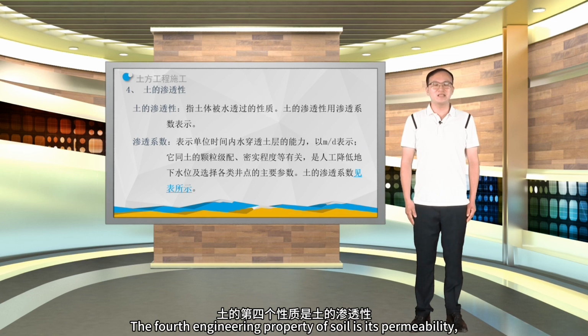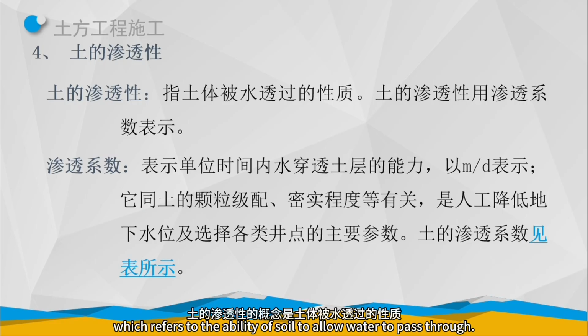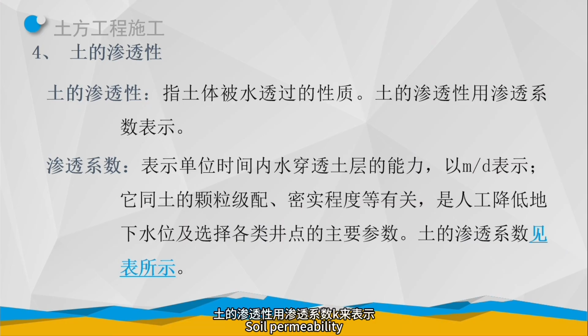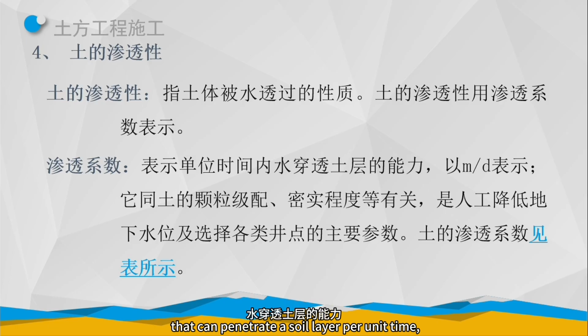The fourth engineering property of soil is its permeability, which refers to the ability of soil to allow water to pass through. Soil permeability is represented by the permeability coefficient, K, which indicates the volume of water that can penetrate a soil layer per unit time and is typically measured in meters per day.